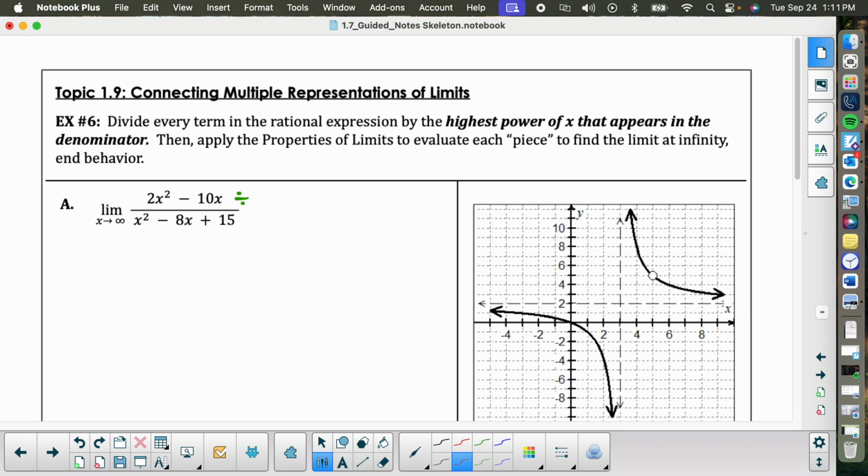The highest power in this whole thing is squared. You divide every term by the highest power in the whole rational expression.